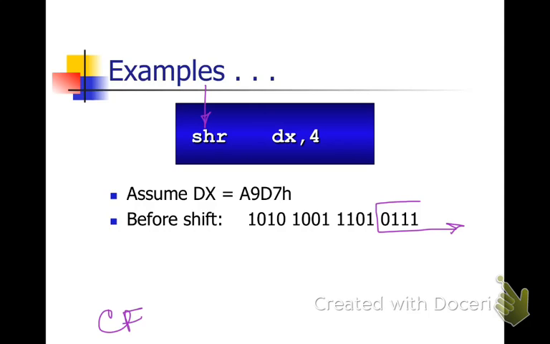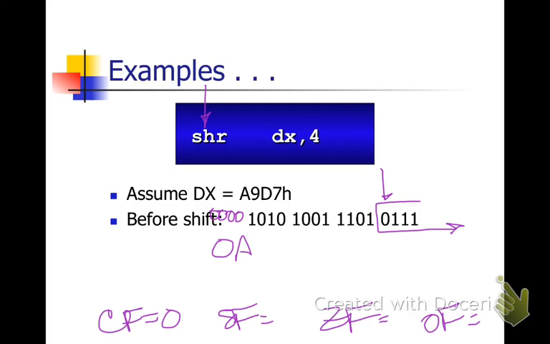Carry flag is 0 because that's the last bit shifted out. Sign flag, zero flag, overflow flag. And it is a logical shift, so my leading bits will be zeros. So my value when I'm done is going to be 0A97.